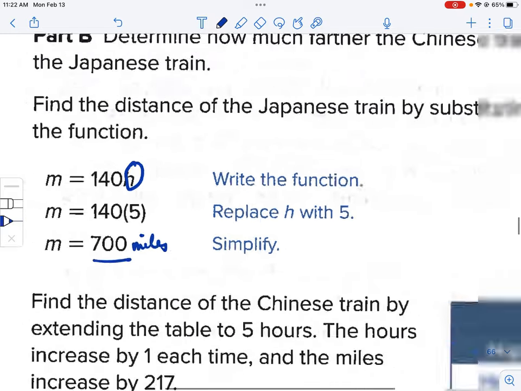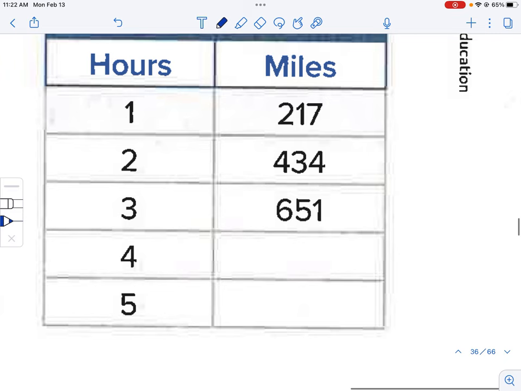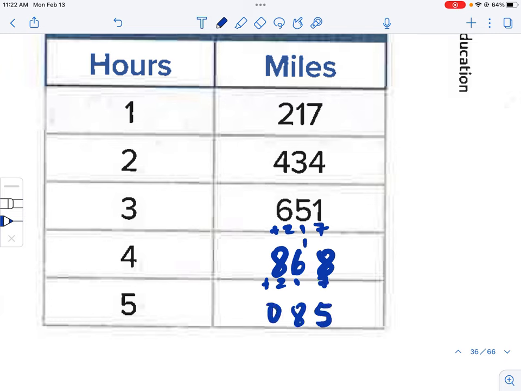Okay, so then I come over here. If we're going up by 217 each time, that means I'm adding 217. So that's an 8, that's a 6, that's an 8. I'm adding another 217 to that. That's a 5, that's an 8, 1085.